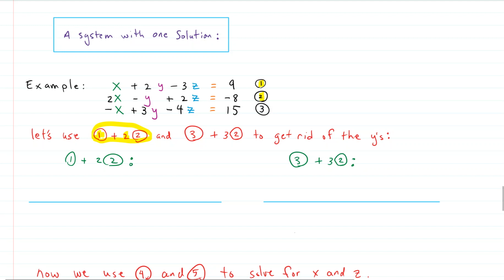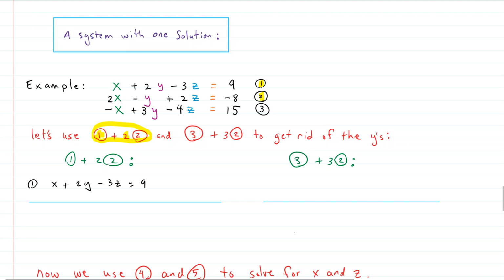What do we get? Well, what is equation 1 first of all? Equation 1 is x plus 2y minus 3z equals 9. That hasn't changed.